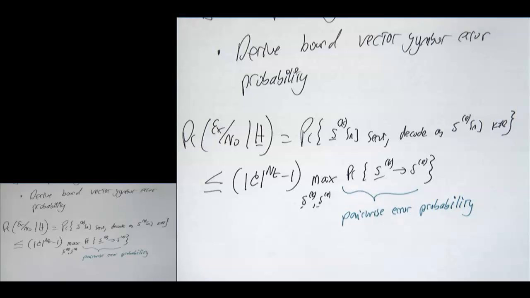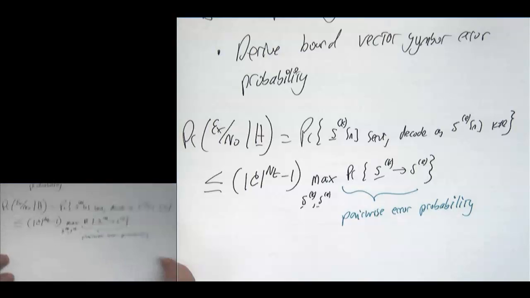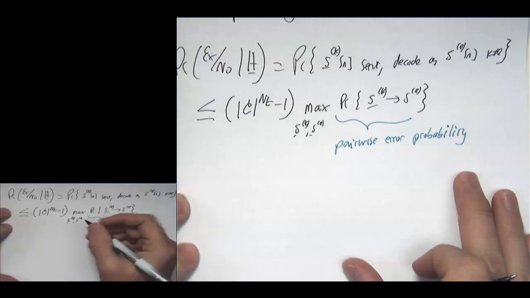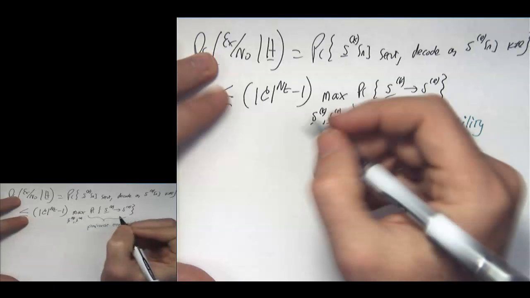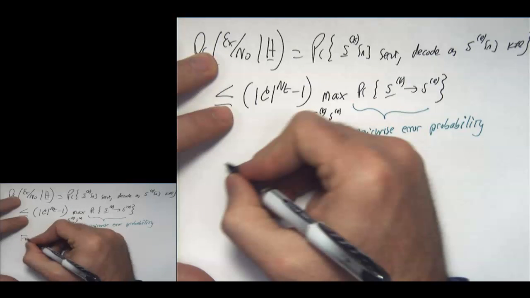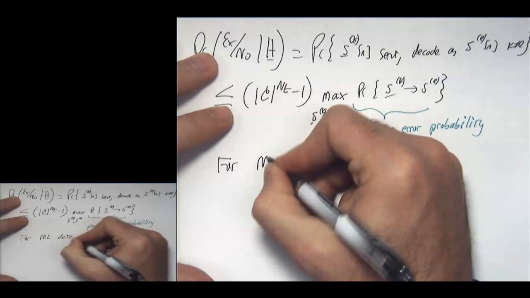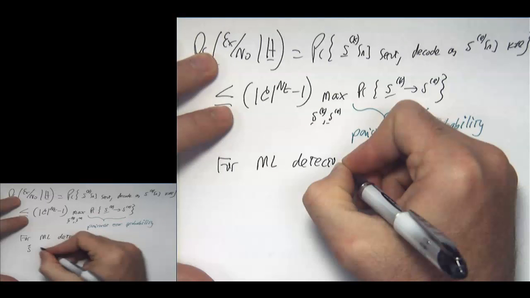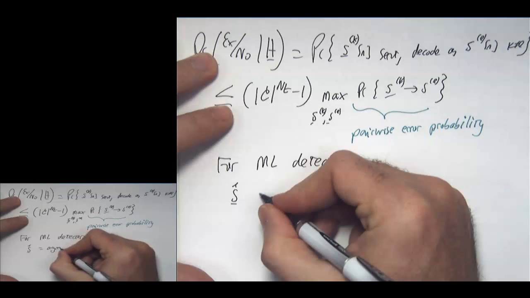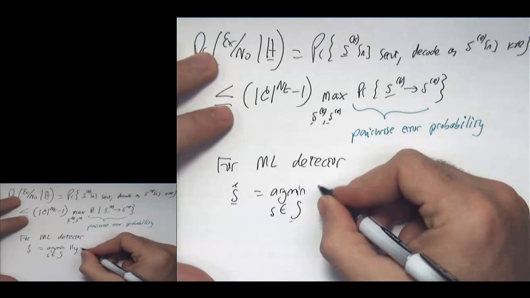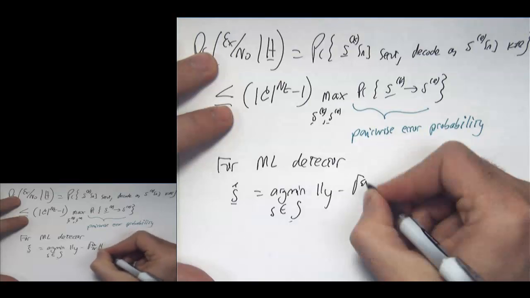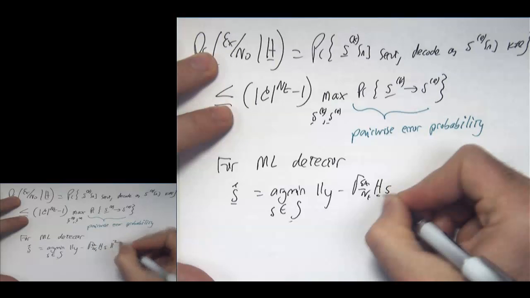So let's look at, first of all, what does this probability look like? Without going into the detailed derivation, for an ML detector, supposing we have a maximum likelihood detector, we're going to detect the argument of S in this constellation such that y minus square root of Ex over nt h s is as small as possible.